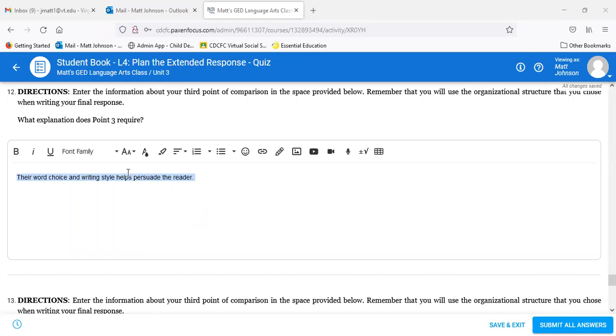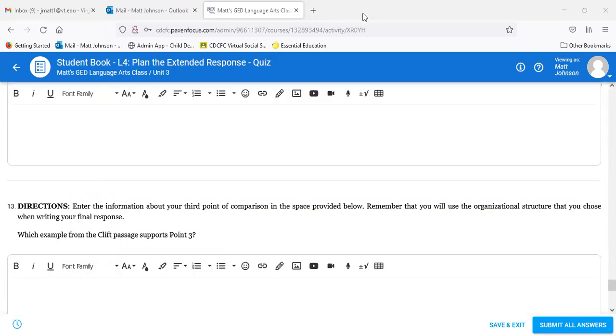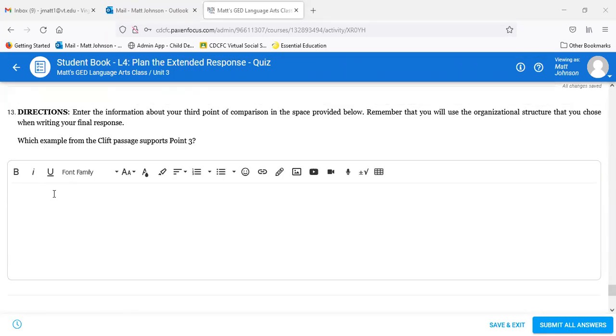Okay. And so Cliff, right? We know what kind of tone does Cliff take with her passage? It's basically negative, right?